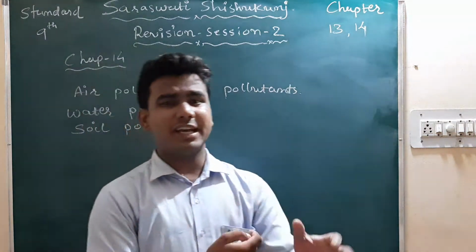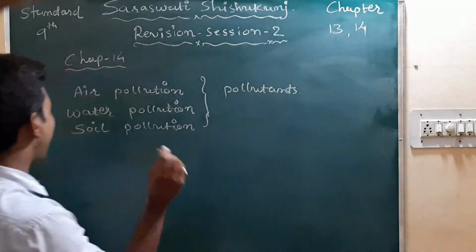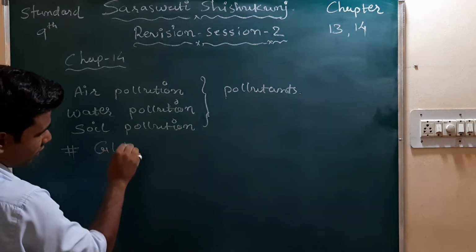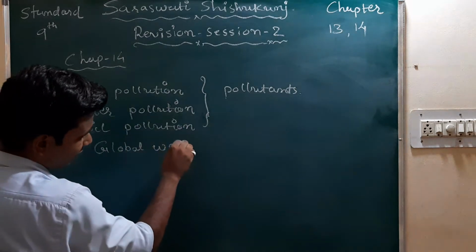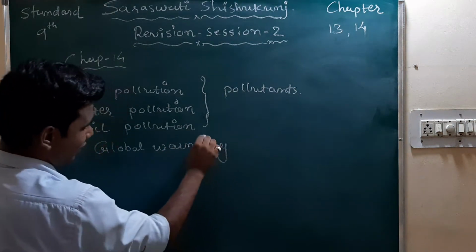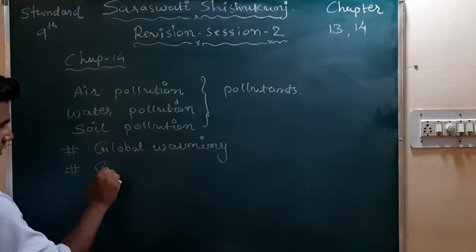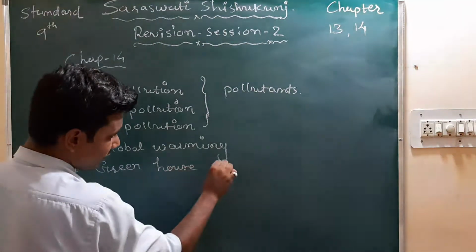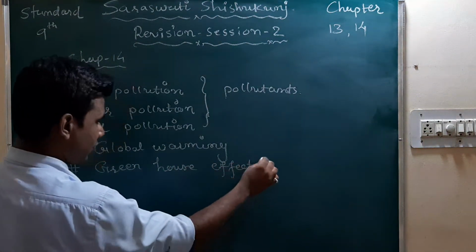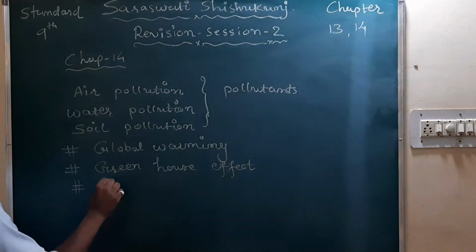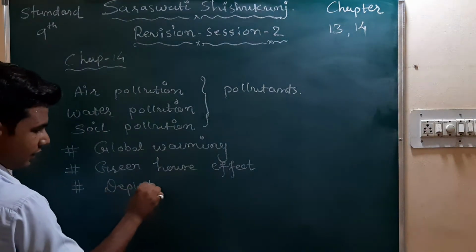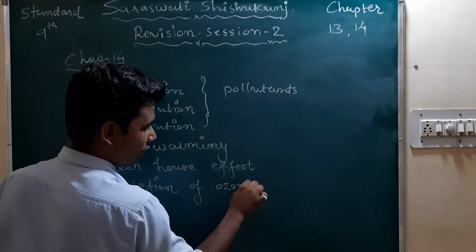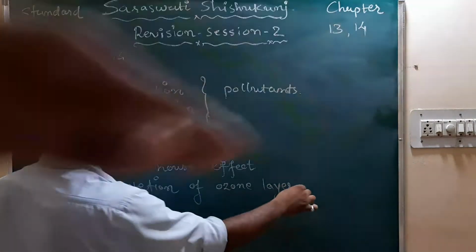So by all these types of activities, we are adding to global problems like global warming, which is caused due to the greenhouse effect, and depletion of the ozone layer.